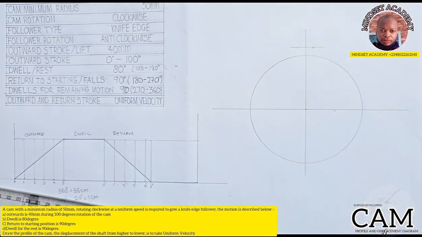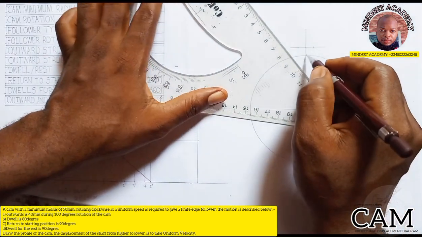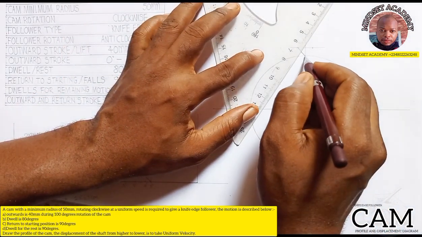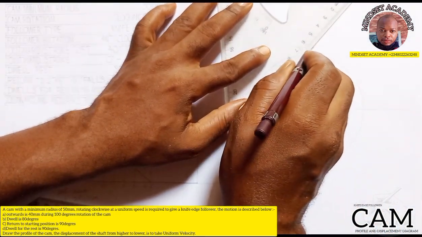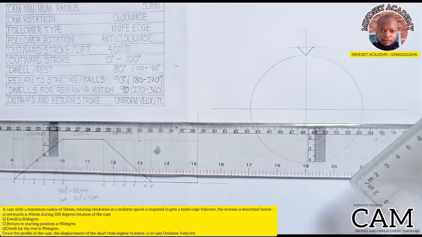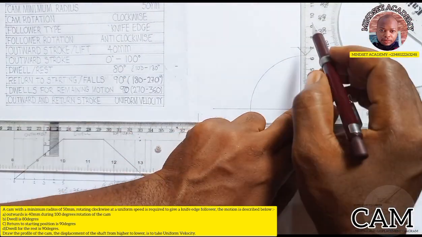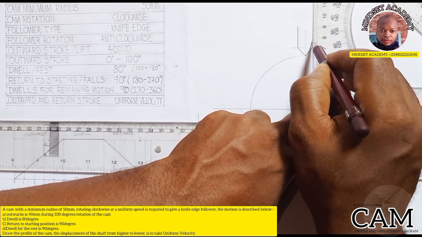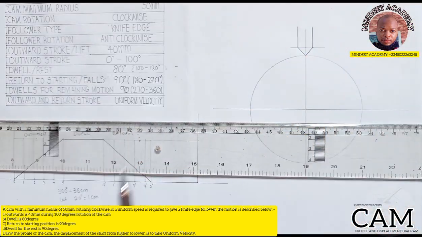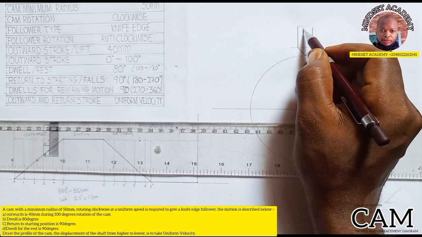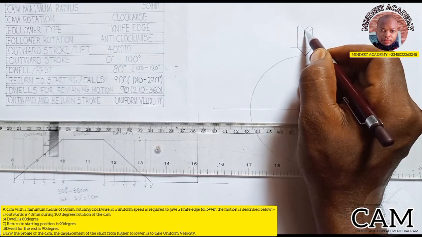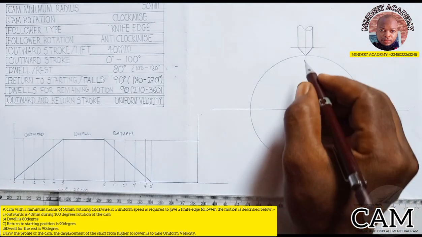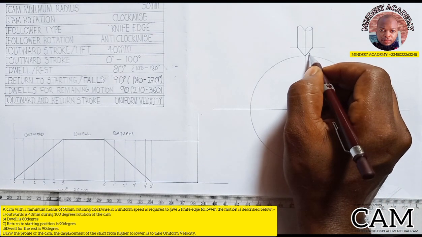Then I'll just take my instrument and hit from here to here, and hit from here to here. Then I'll take it out. Tell you the symbol for knife edge. Then I'll just do this. Can you see that? Now this point where it meets here is 0.